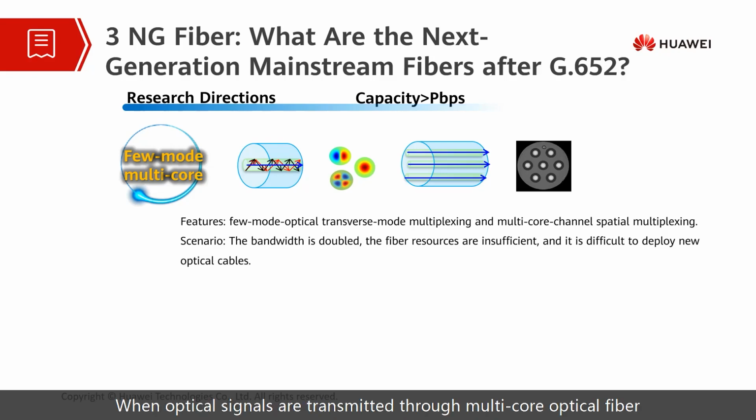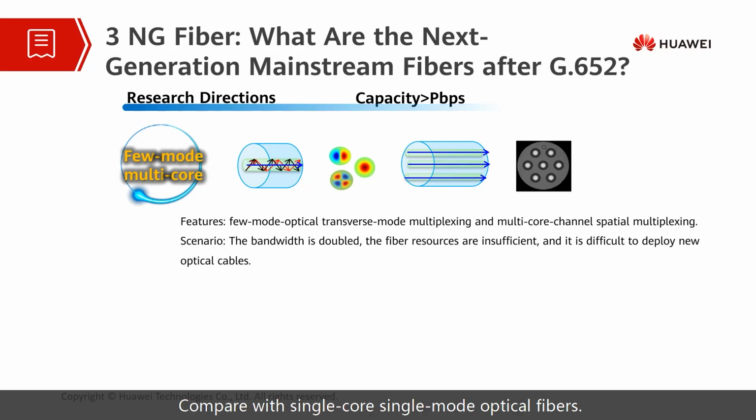When optical signals are transmitted through multiple cores, the transmission capacity of this multi-core optical fiber is equivalent to the transmission capacity of several conventional single-core optical fibers.